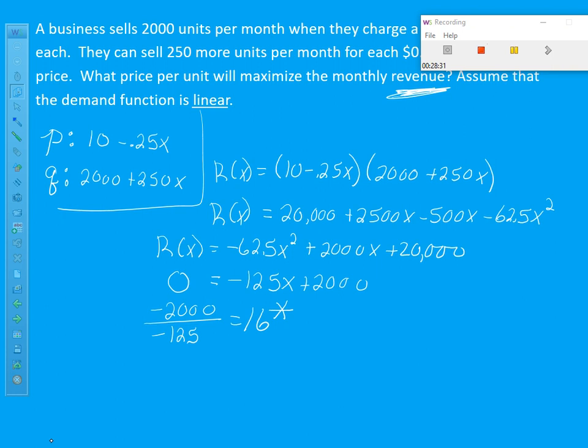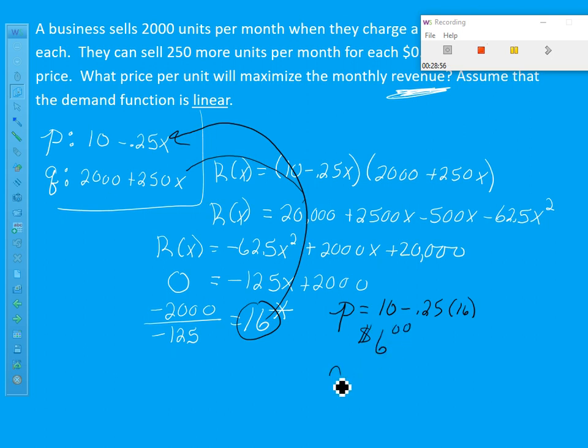So we're going to take this 16 and plug it right there and right there to get the price and the quantity. So my price is going to be 10 minus 0.25 times 16, so my price is going to be $6.